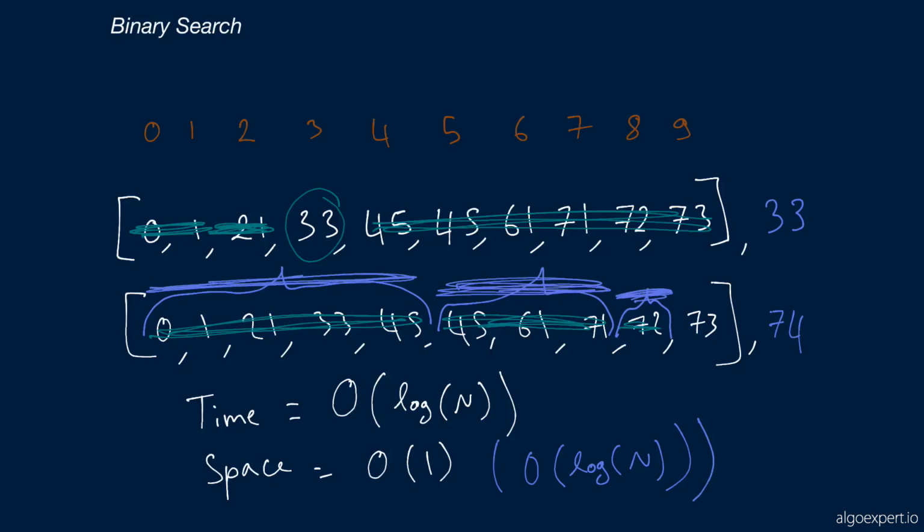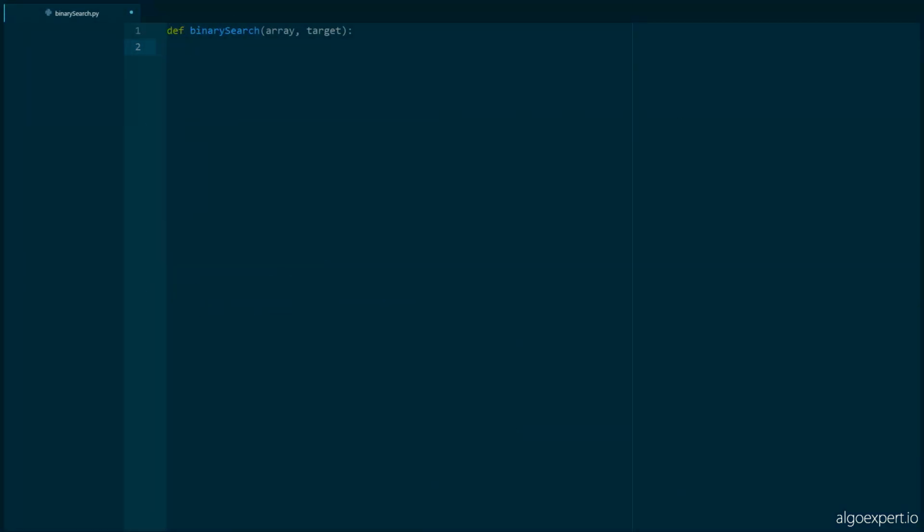And so that's why it's typically advised to implement an algorithm like binary search iteratively rather than recursively, so that you can enjoy this constant space. With that being said, let's dive into the code walkthrough to see how both the recursive solution and the iterative solution look.